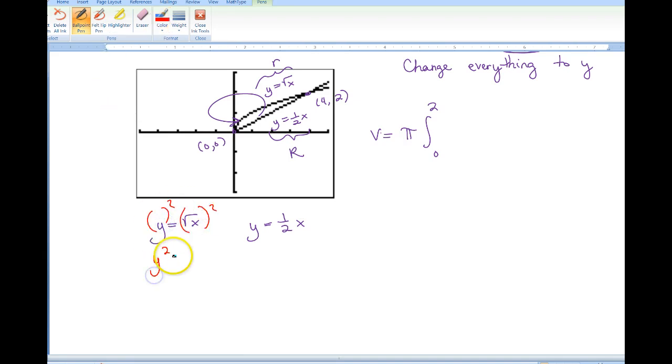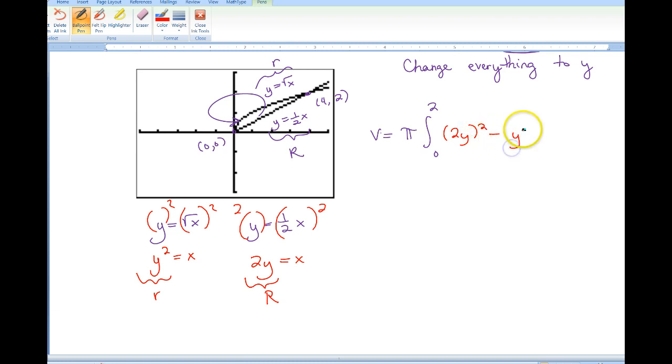I get y squared is equal to x, and here I multiply both sides by 2, so I get 2y. So again, 2y is my big R, y squared is little r. So it's going to be (2y) squared minus (y squared) squared, and at the end goes dy.